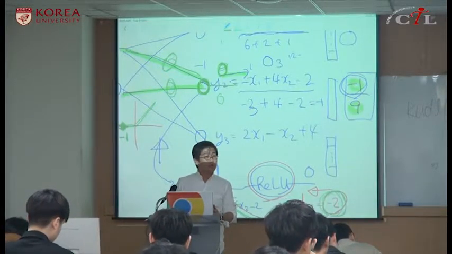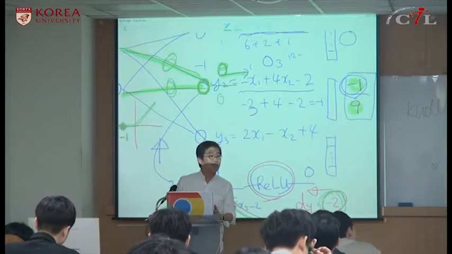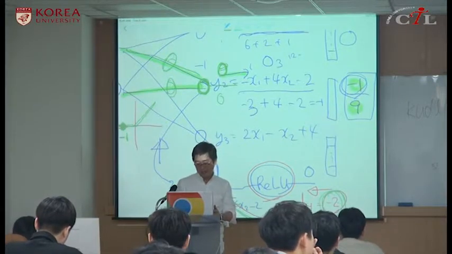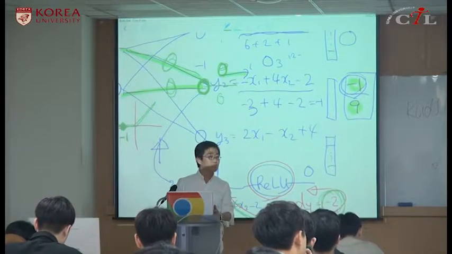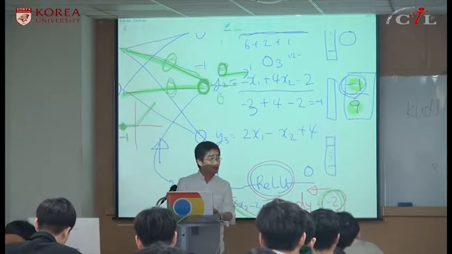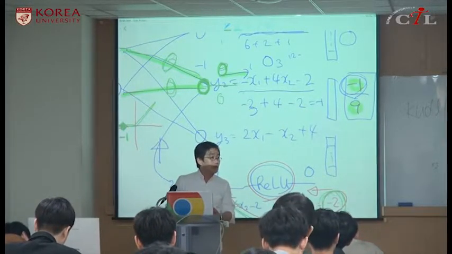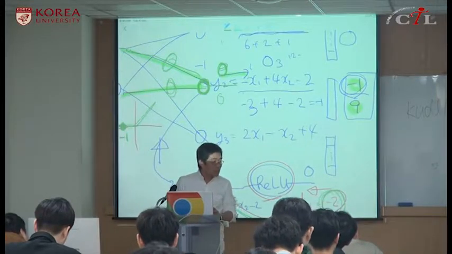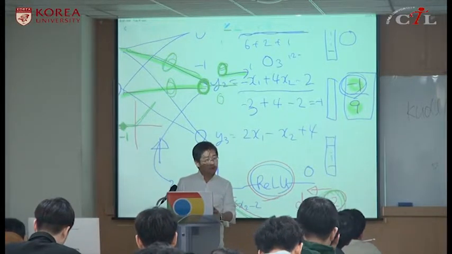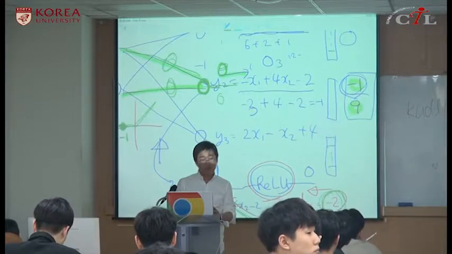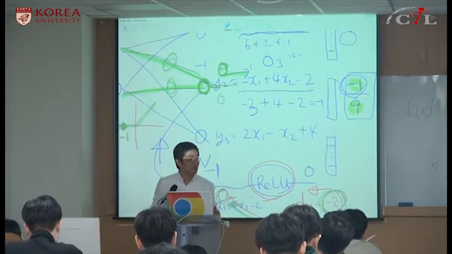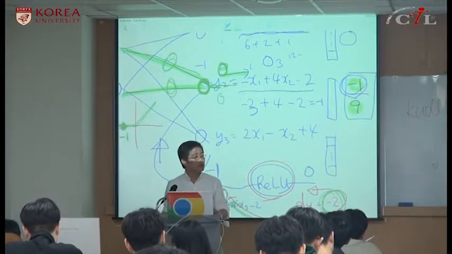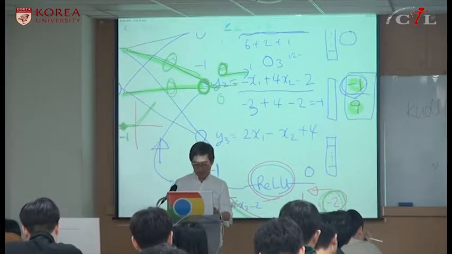So those two edges will get updated only when the output of this linear combination is positive for a subset of our training data, right? But what if all our training data produces a negative value as an output to this node, and then it will become 0 after passing the Relu, and then what does that mean?